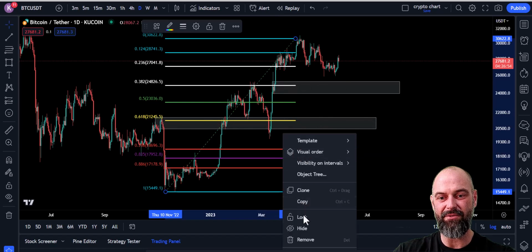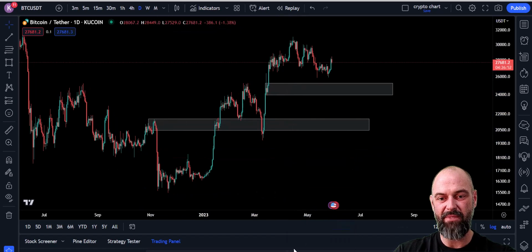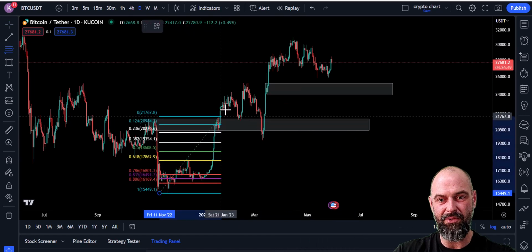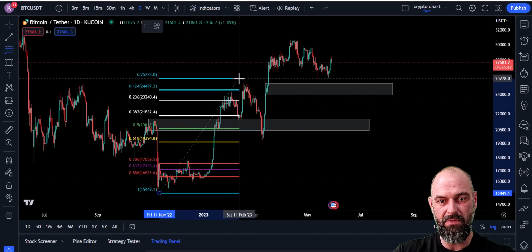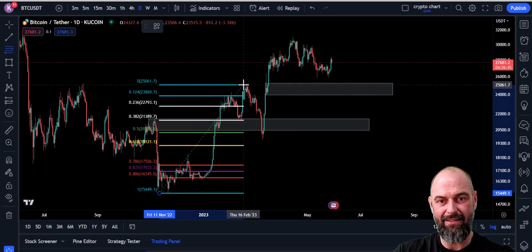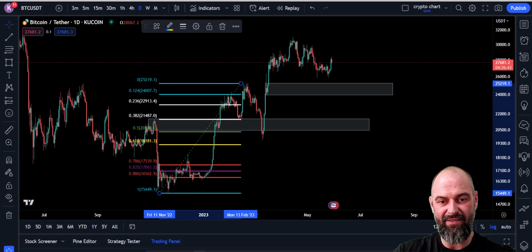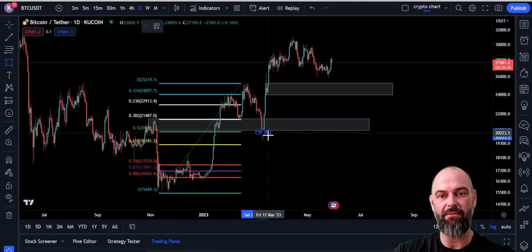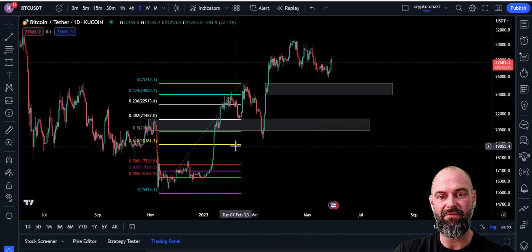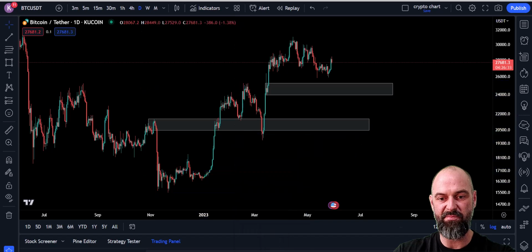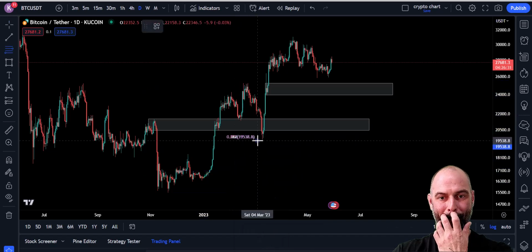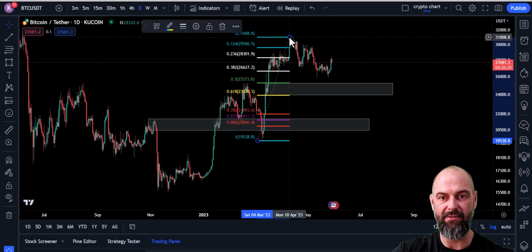Now, if you get rid of this one, because technically this pulled here, so you go from the low to this high, and we got a 50% 618 right there. Price took off, right? Let's erase this so you don't get confused. Now let's pull one from here to here.